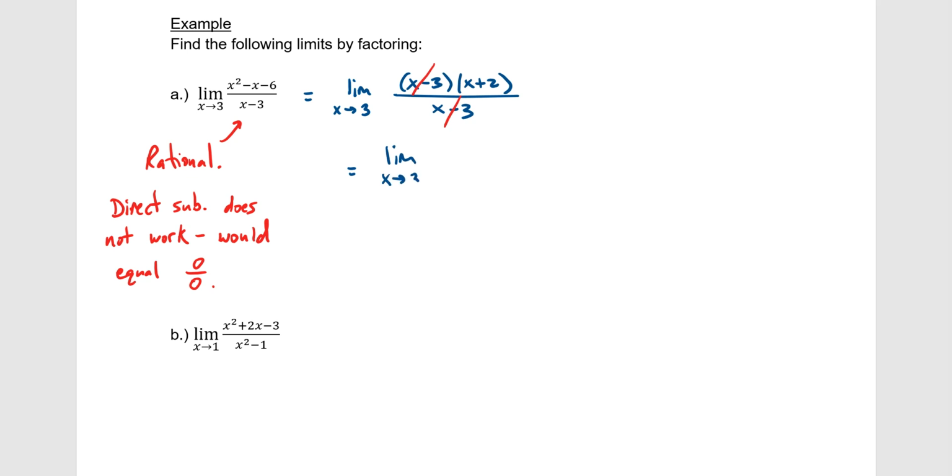What we are left with is the limit of x plus 2, technically x plus 2 over 1, but we obviously don't have to write that. Now we can use direct substitution, plug in the 3, and we get 5. So always remember that 0 over 0 is not an answer. That's indeterminate form, not an answer.